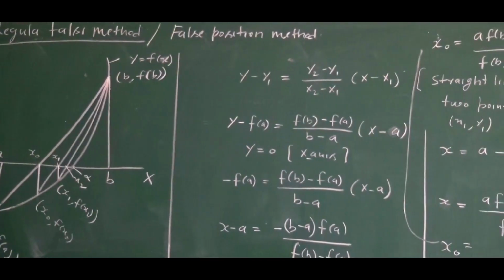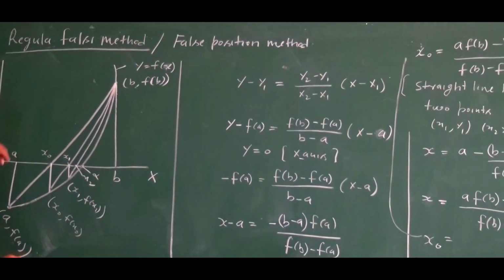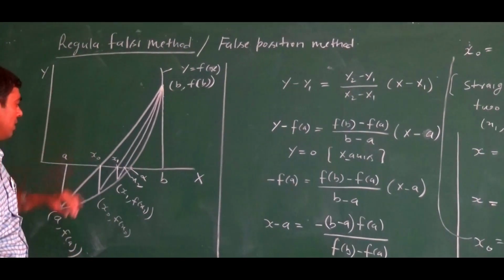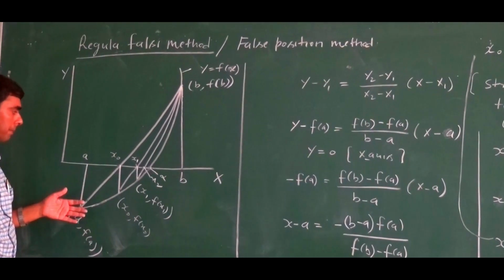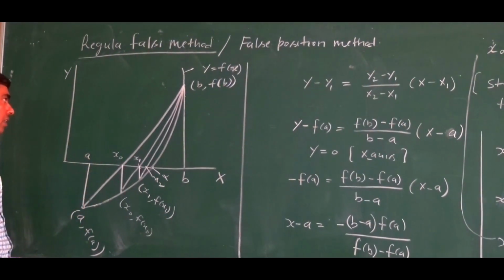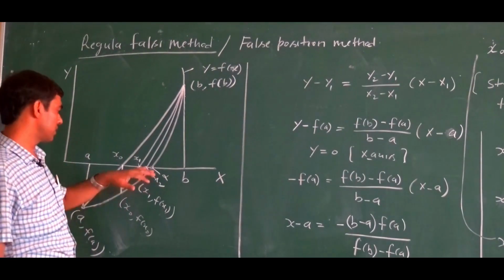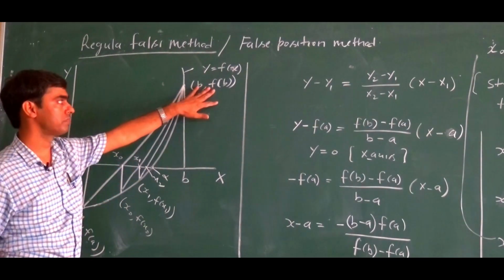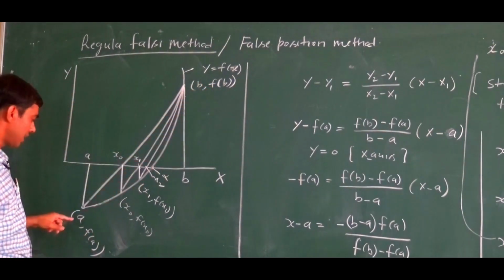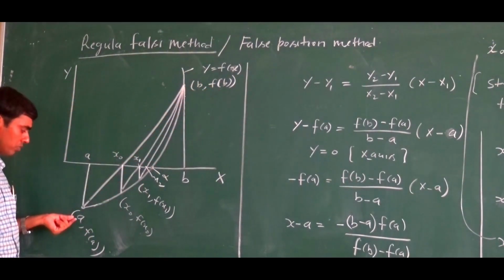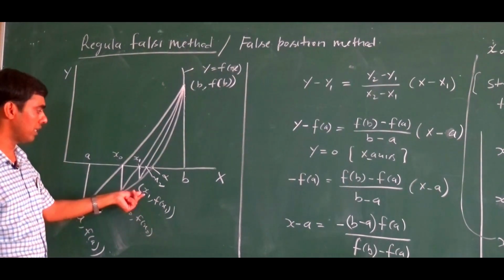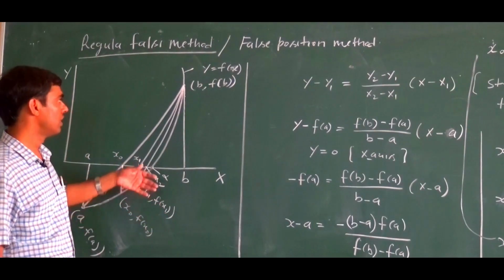Another thing we need to observe in the Regula Falsi method: if we closely observe the geometrical interpretation, you may see that one end is fixed and another end varies, from A, f of A to x0, f of x0, then x1, f of x1.